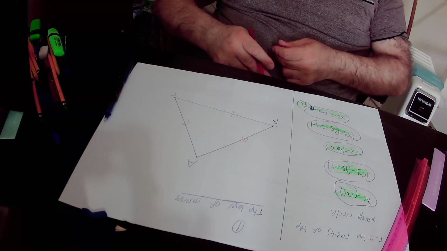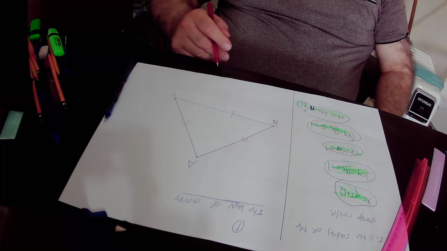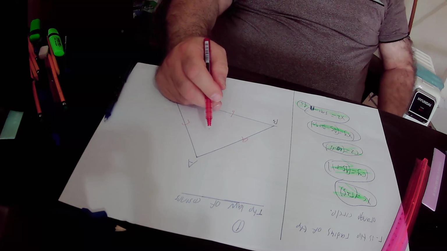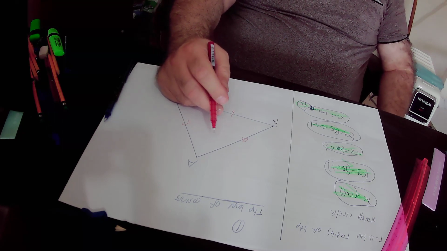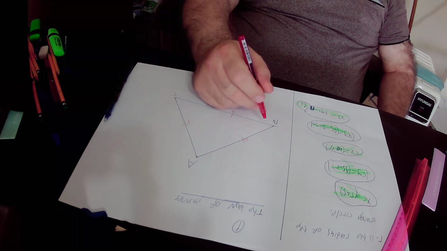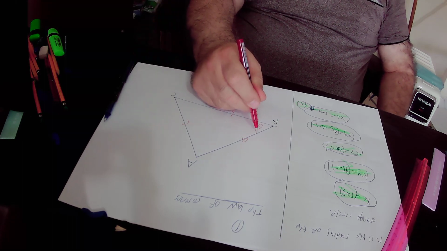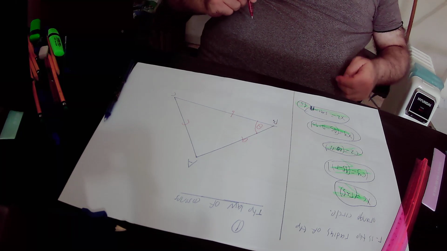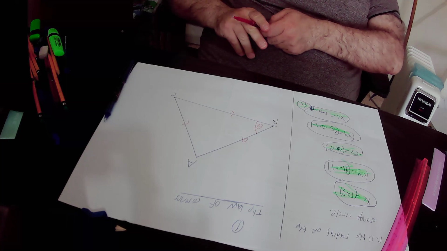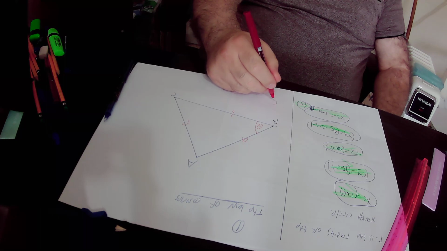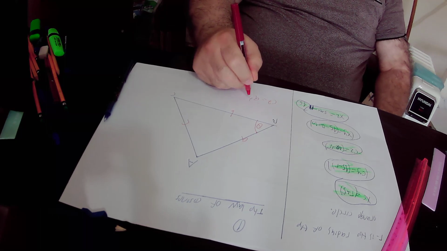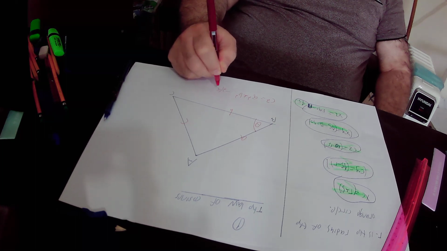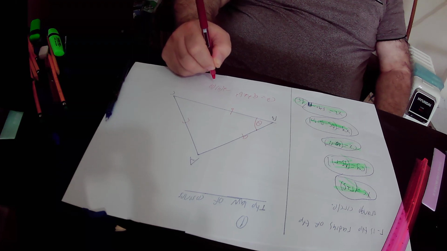And we also know that the angle between side AB and side BC is theta. Then, according to the law of cosines, we will get that C squared equals A squared plus B squared minus 2 times A times B times cosine theta.